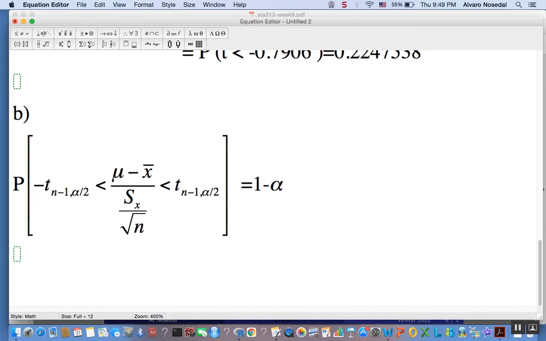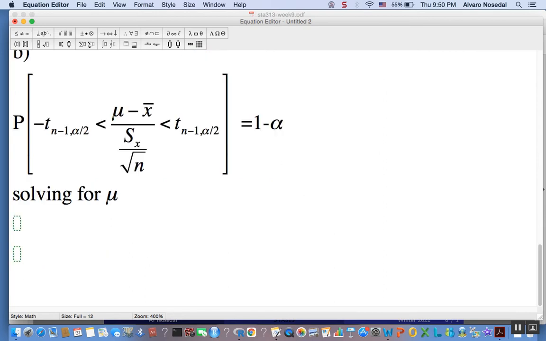So solving for mu, let me just copy paste this. What we're going to end up with, right, is we have to multiply on both sides by this one. This one is positive, so the inequalities won't change directions, but then what we have to do is add x bar on both sides, and then we're done, right?